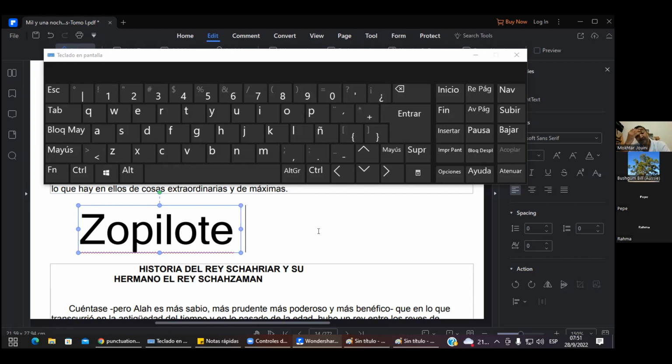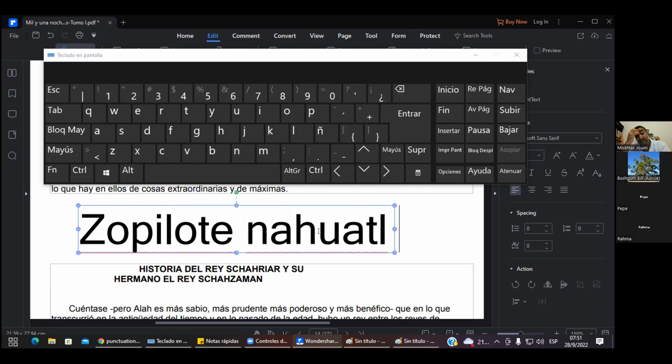It's called like this mostly in the north, because sopilote is a Nahuatl name. Nahuatl is the Indian language that they use here in my country, and also in Mexico, the proper Mexico City.